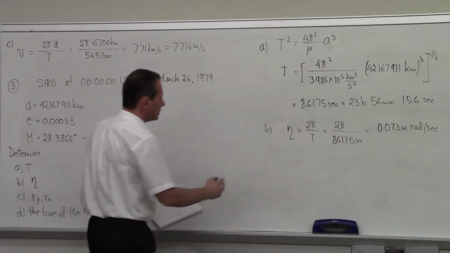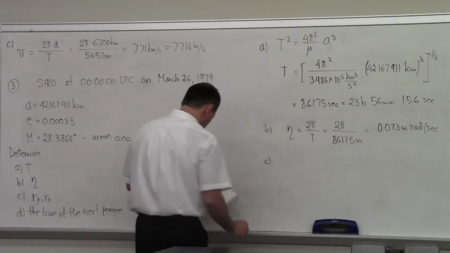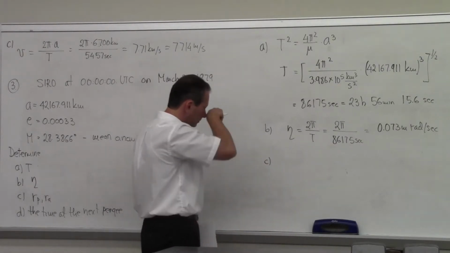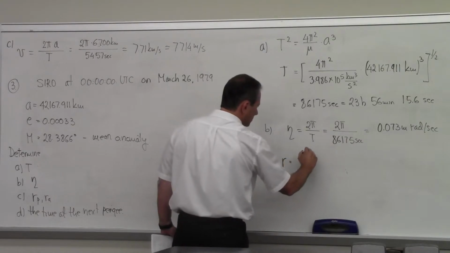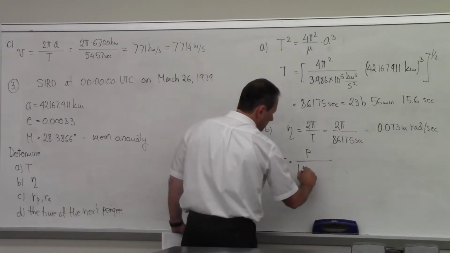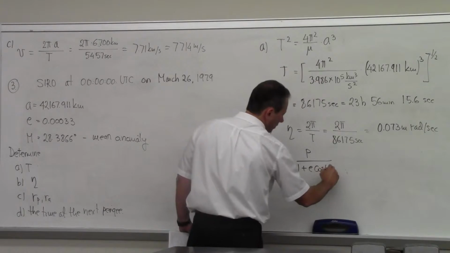Now, the interesting thing is how we determine our perigee and our apogee. If you remember our equation for r, it was p over 1 plus e cosine of phi.